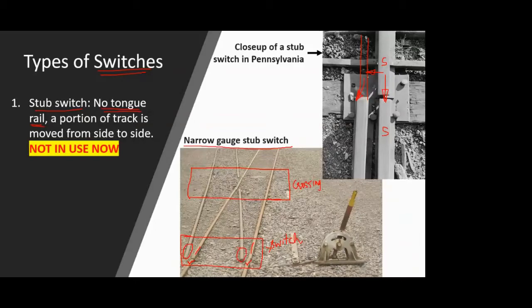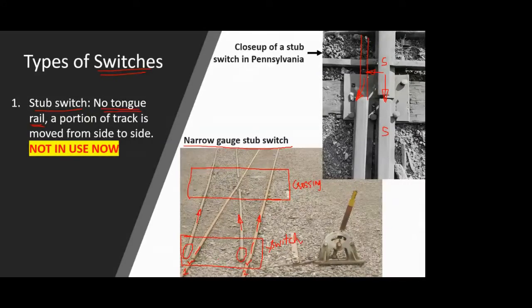In this case the straight track is this one, and if the railway has to divert to the left side, then these initial rails, which I am marking as 1 and 2, are shifted completely to the left side in such a way that they match these rails.